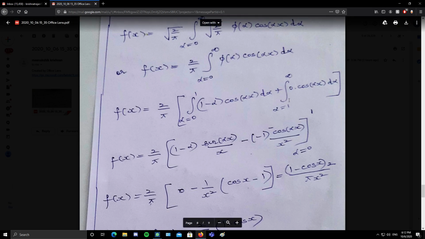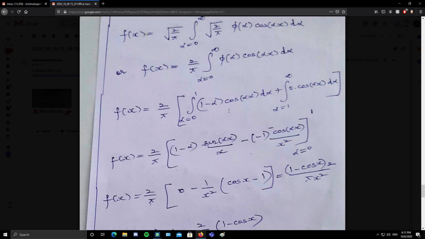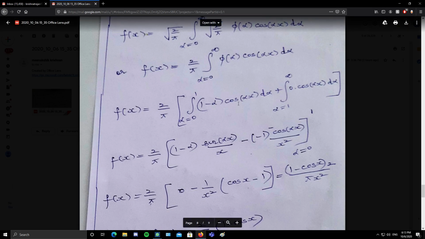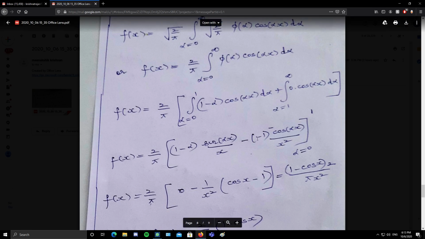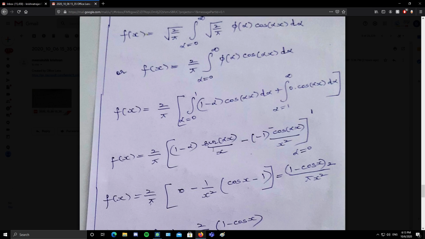I repeat, the second integral is 0. For the first integral we are using Bernoulli's rule. u is 1 minus alpha, v is the cosine function. So we get sin alpha x by x minus u dash, the derivative of 1 minus alpha, which is minus 1, and the integral of sin alpha x by x is minus cos alpha x by x square, with alpha varying from 0 to 1.